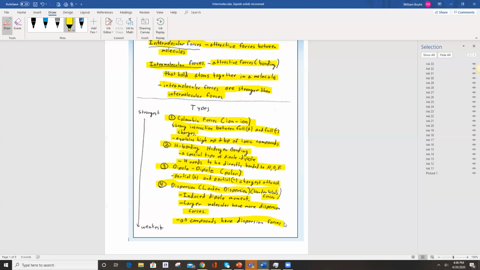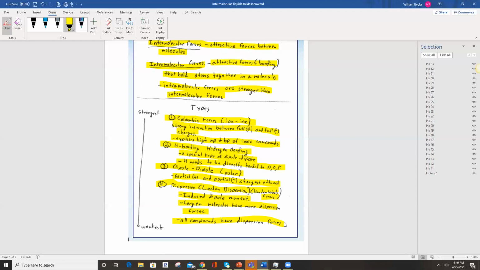And the way to think about this induced dipole moment is, even if you have a nonpolar compound, the electrons in there are going to be randomly distributed. But when they're randomly distributed, they're not stationary, they're moving about.